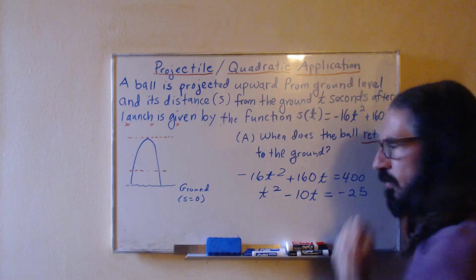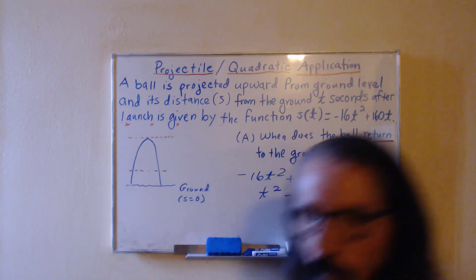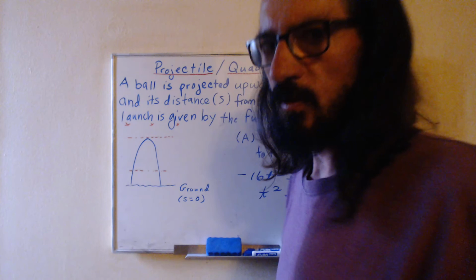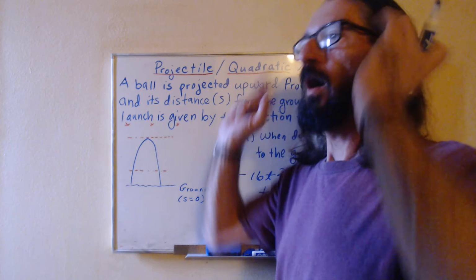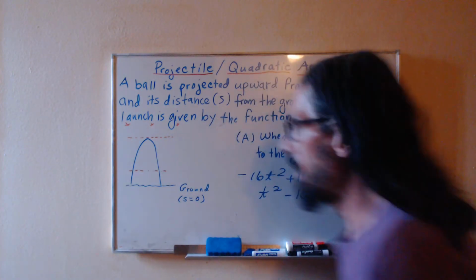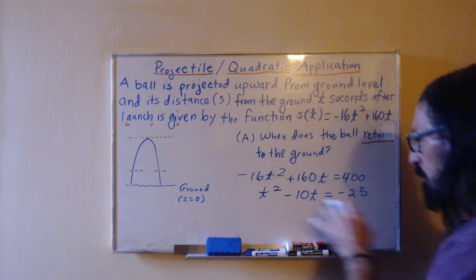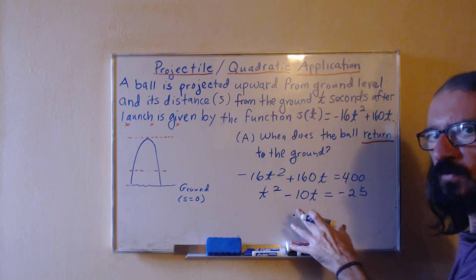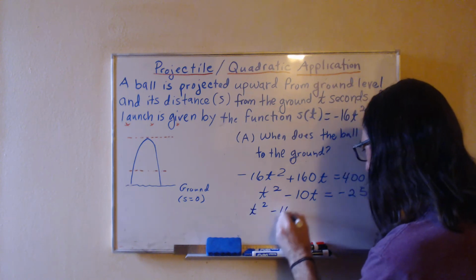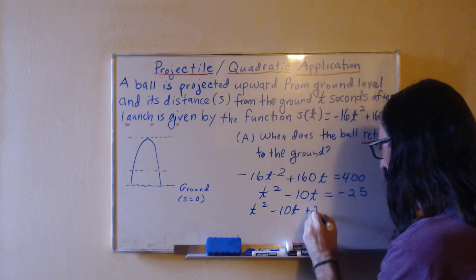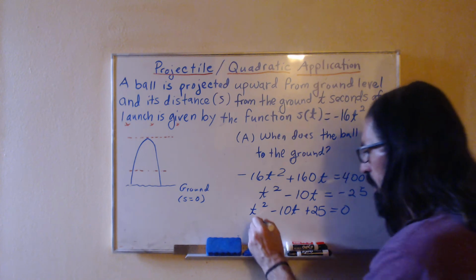I could continue by a variety of approaches: get it in standard form and do completing the square, get it in standard form and factor, or use the quadratic formula. I can't use the square root property because t is in two places, but maybe it's nicely set up for completing the square. However, if I add the 25 to both sides, I'm seeing something that is already a binomial squared.